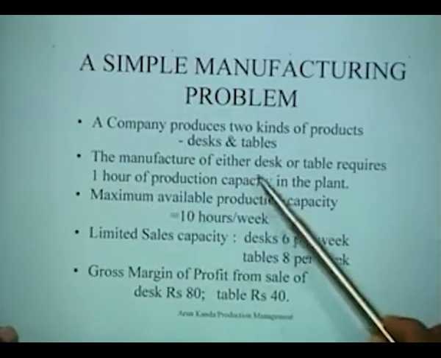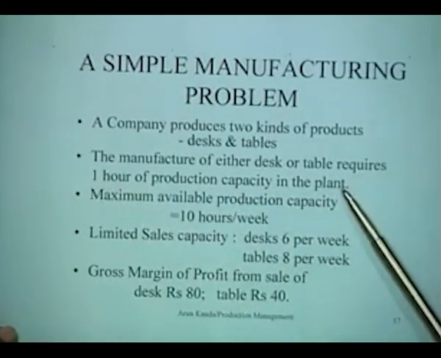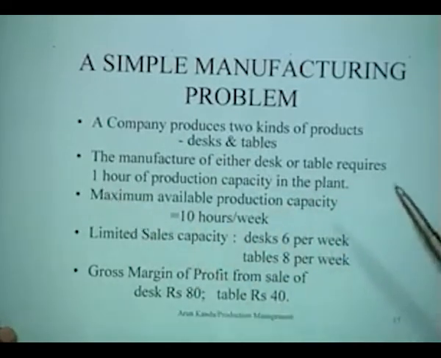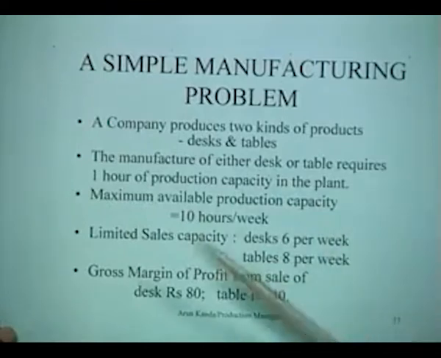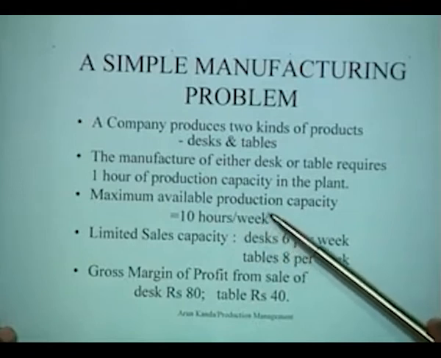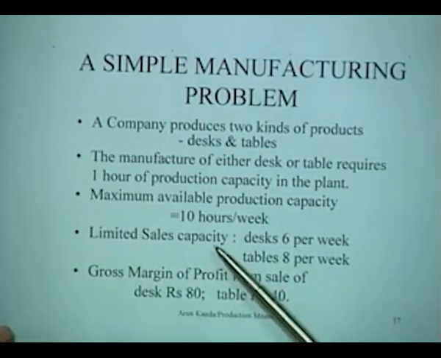and the manufacture of either desk or table requires 1 hour of production capacity in the plant. So whether you produce a desk or a table, it means 1 hour of production capacity in the plant, and the maximum available production capacity is only 10 hours per week, let us say, and there is a limited sales capacity.